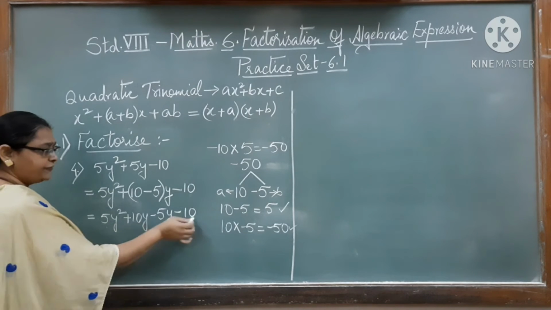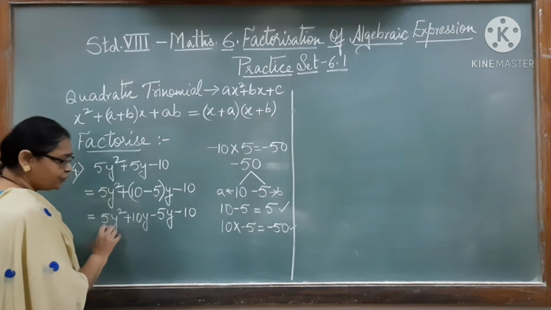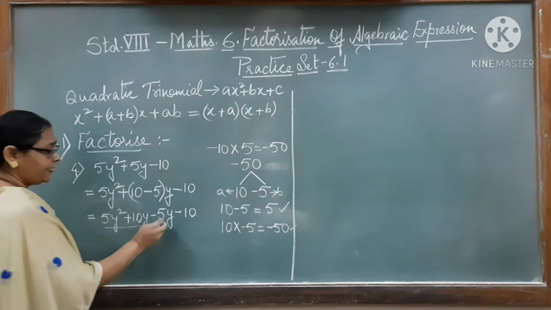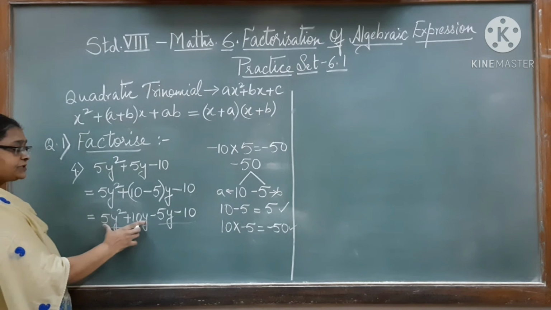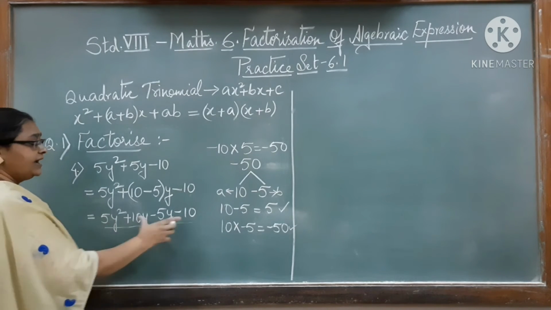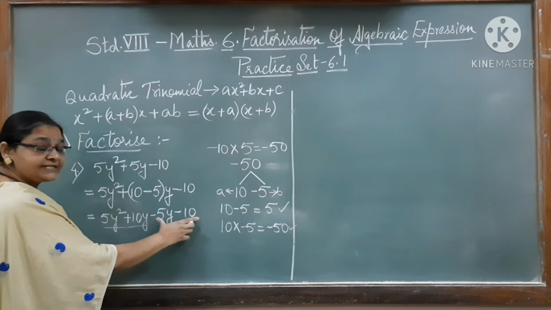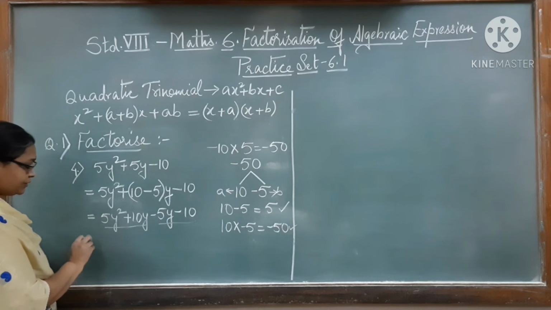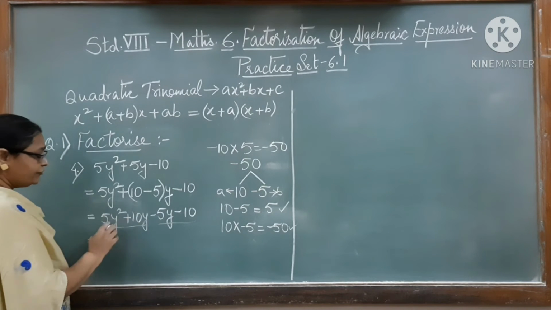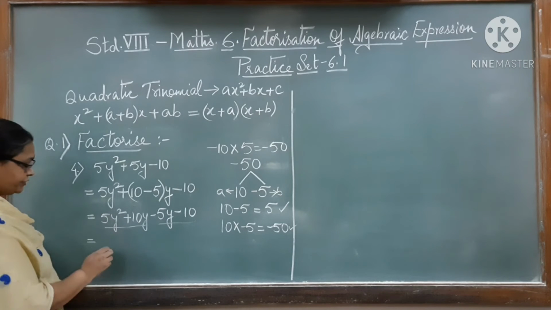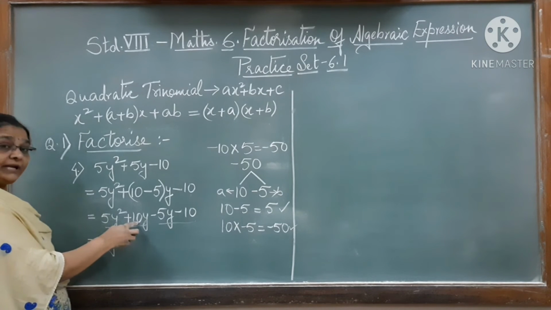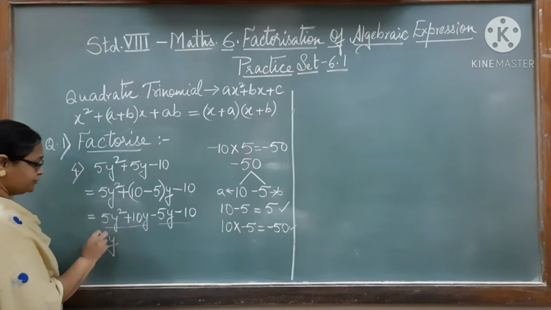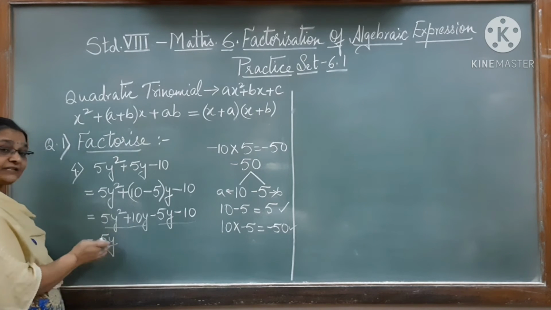Now we have got 4 terms: 1, 2, 3, 4 terms. So let me group them in two groups, this is 1 and this is 2. I am going to consider these two groups separately. Let me see which is the common term over here. y is common, and of course 5 and 10 are multiples, so I can use 5 as a common term again.